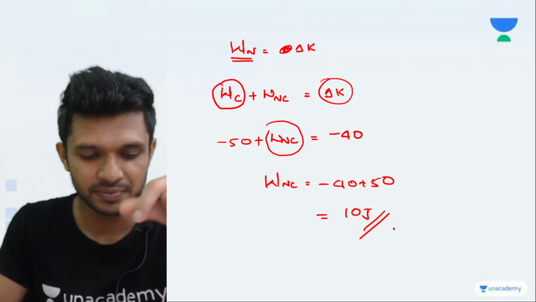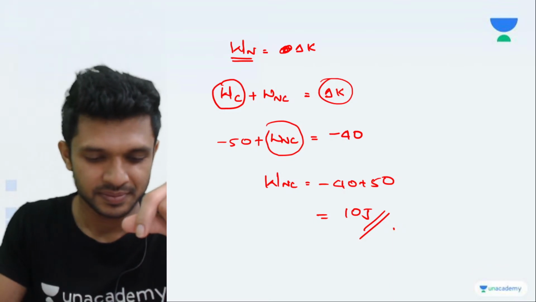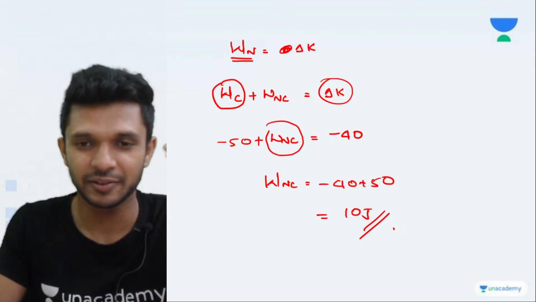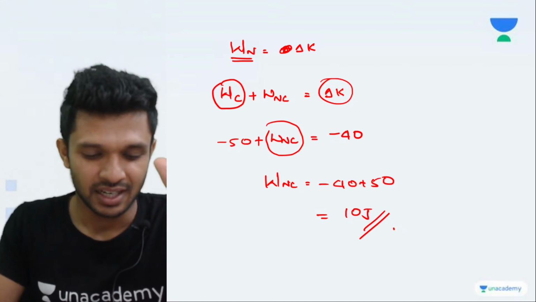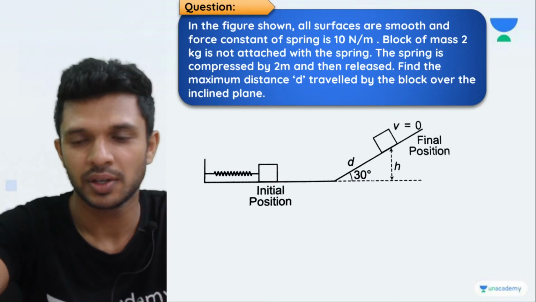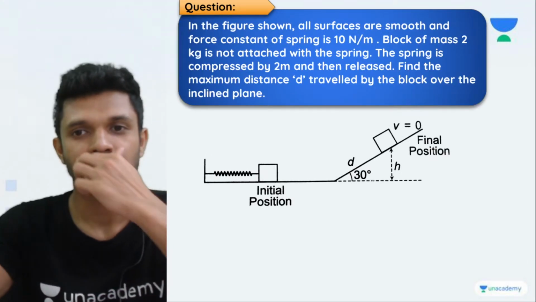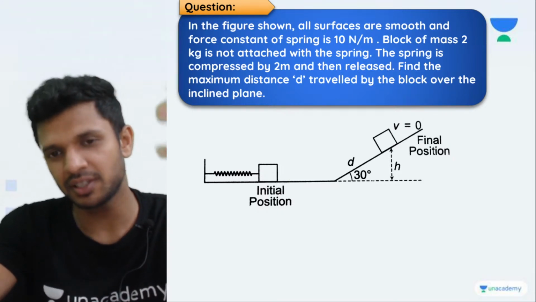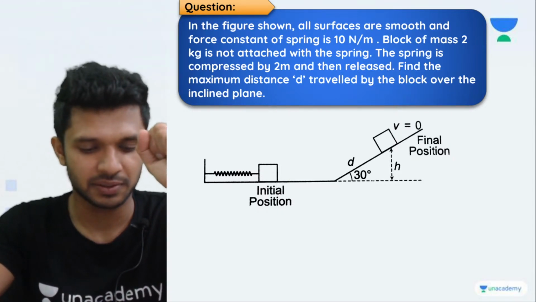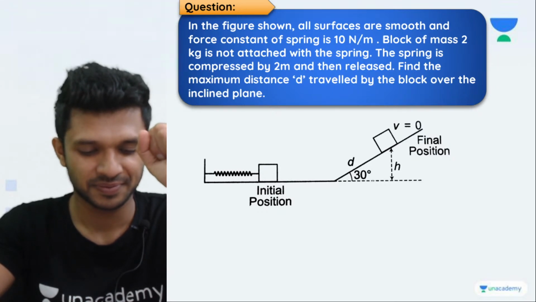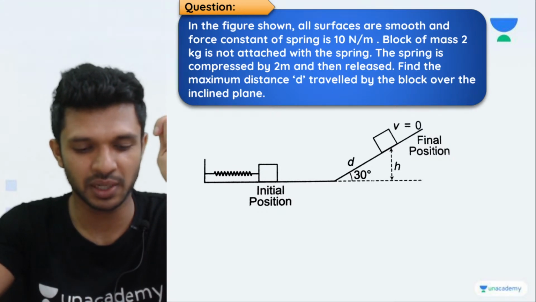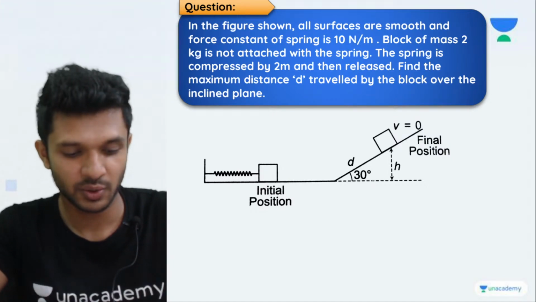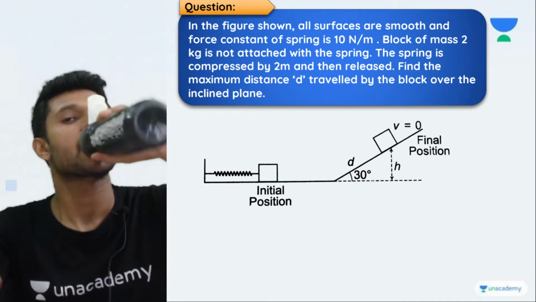Tell me quickly. Yes, 10 joules. If you are ready, we have a figure which is complicated, but the answer is simple. If you are ready, we can do another question. Arpan is so ready.